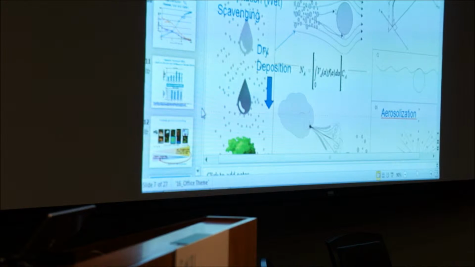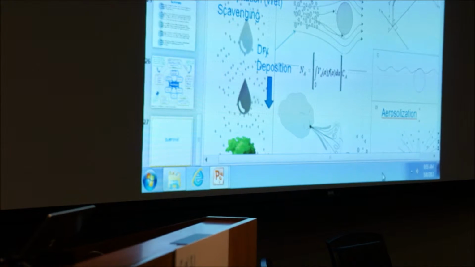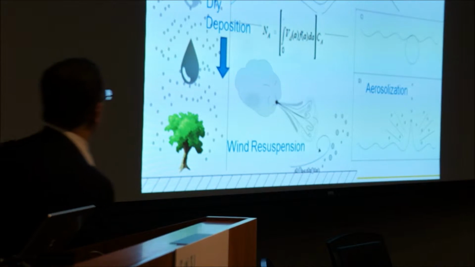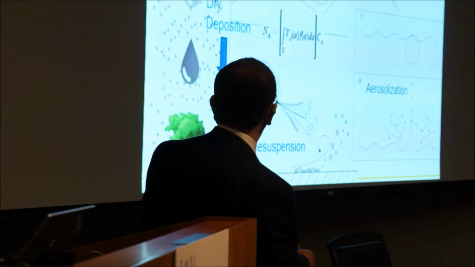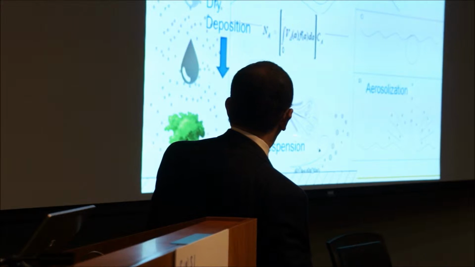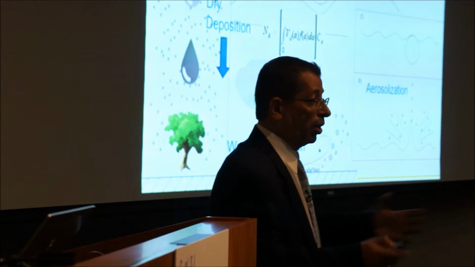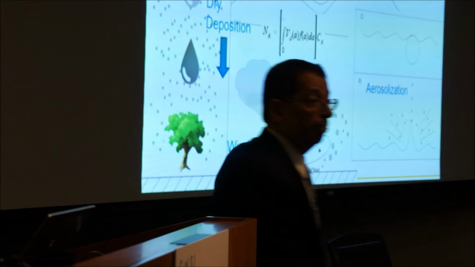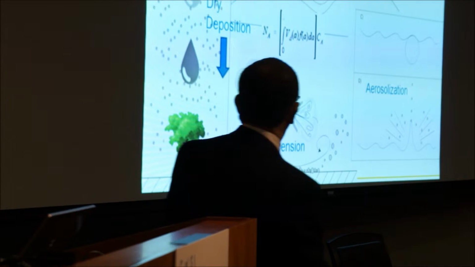The same way, if we deal with the issue of particulates in aquatic systems, their deposition will also be impacted by size. If we deal with the issue of wind resuspension, particles that are already on the soil, their reintroduction into the atmosphere is going to depend on their size and size distribution.